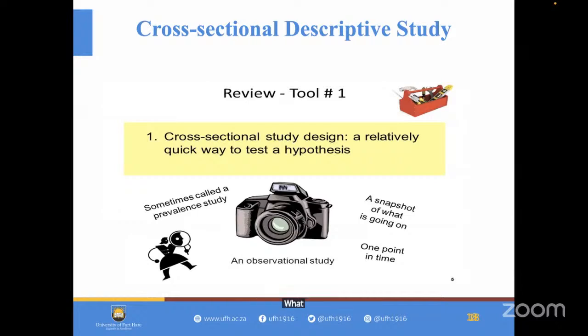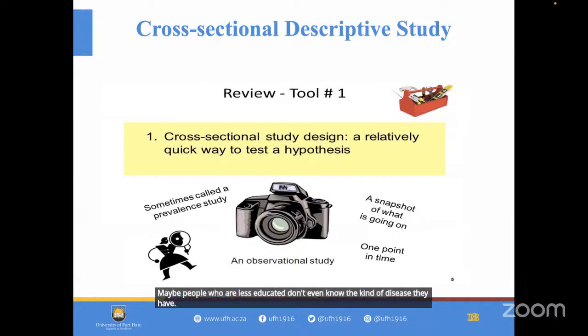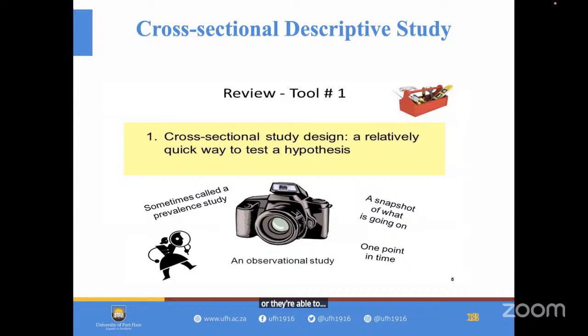What's your level of education? So these are some of the exposures. Maybe people who are less educated don't even know the kind of disease they have, or are not well informed in terms of having the right channel to take care of themselves. So it's a snapshot study that deals with both the outcome and the exposure at the same time.